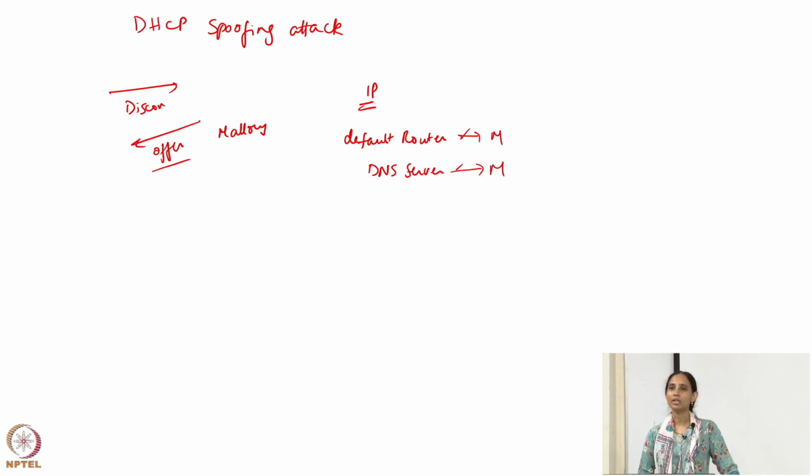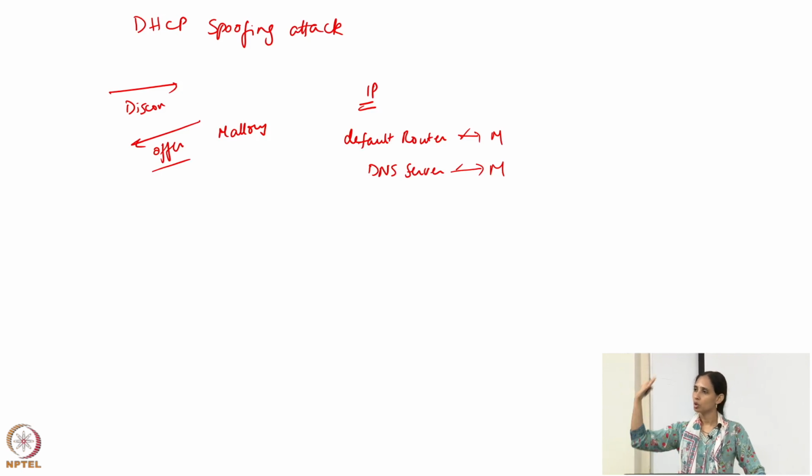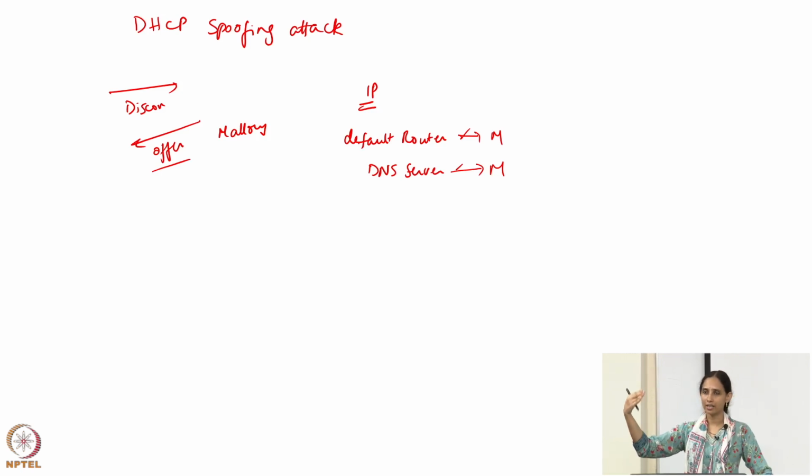In which case, whatever later packets Alice is generating will all go through Mallory's router. And because you are compromising the DNS server also, if you are typing some bank URL, it will direct you to another IP address, which is your own. You have this kind of phishing attack, which we will see. It looks exactly like the bank's website, but it is not, it is yours.